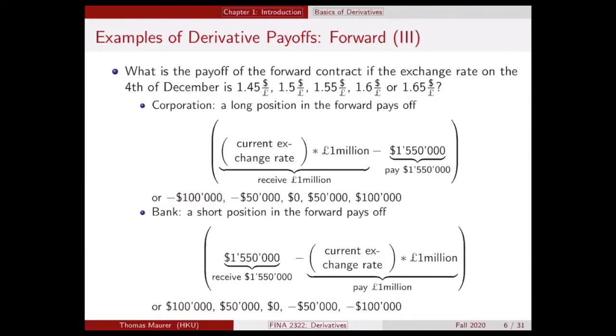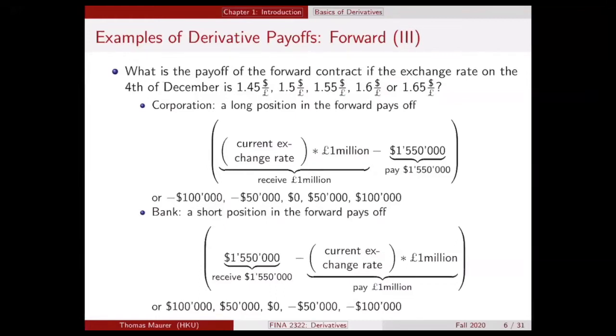Now, most of the time in practice, instead of the bank actually delivering 1 million pounds and the corporation paying $1.55 million, these market participants would say, well, look, the £1 million is worth $1.45 million.